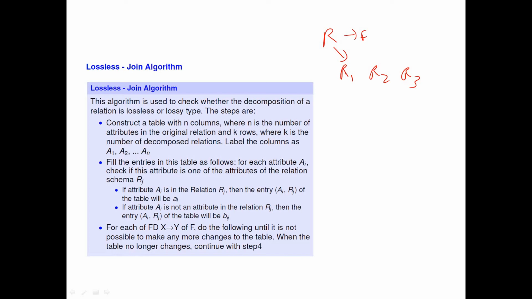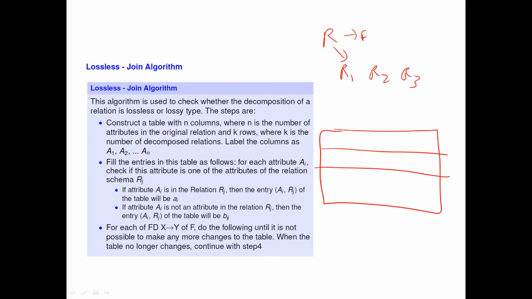So how to do it? Here we will create a table. In the table, the columns and rows depend upon the attributes and the number of relations respectively.